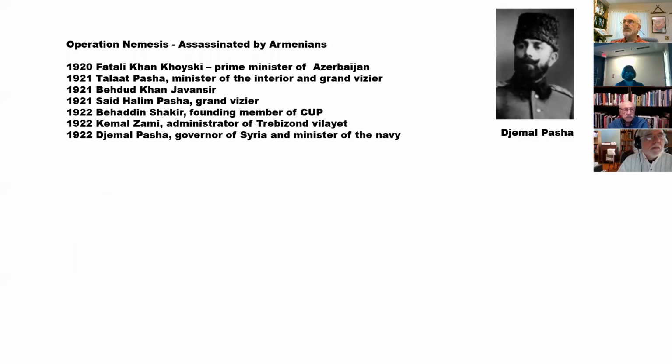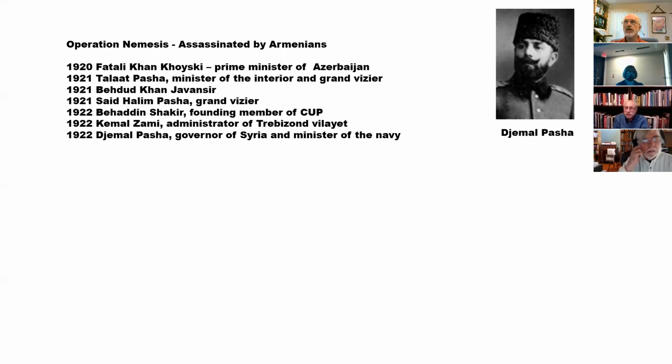The Armenians, the ones who are left, wanted revenge. And this is interesting, I found this out just as I was preparing this class, of the number of people whom they assassinated after the war.